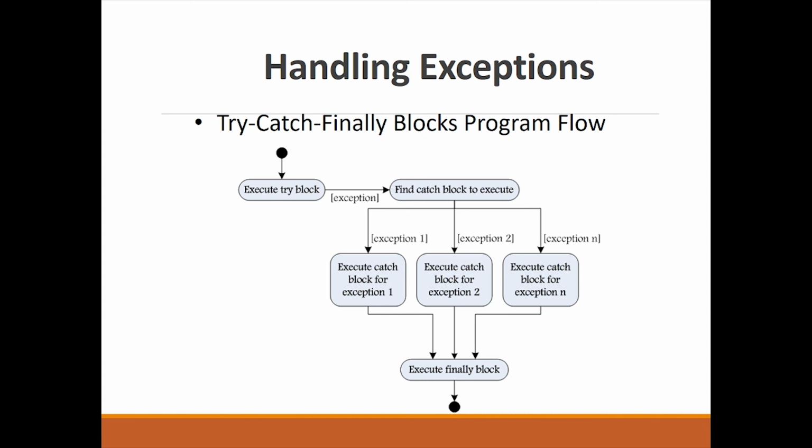Here, for example, we have 3 types, but you can have whatever type you want. After passing all the exception choices, it proceeds to the finally block and ends there.